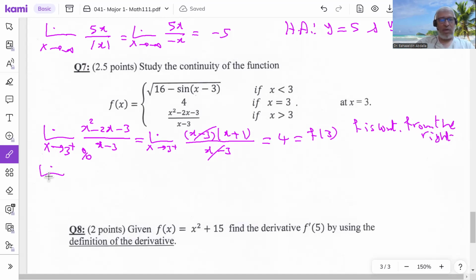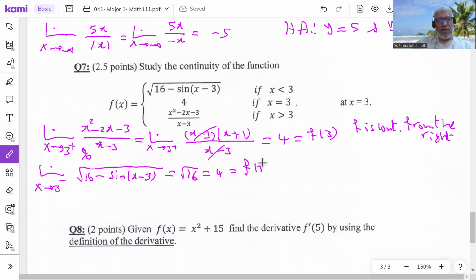Now the limit when x approaches 3 from the left. I'll have this root, because if x is less than 3, that's the definition: square root of 16 minus sine of x minus 3. If I replace x by 3, sine 0 is 0. So the answer is the square root of 16, which is 4, and this is again f of 3.